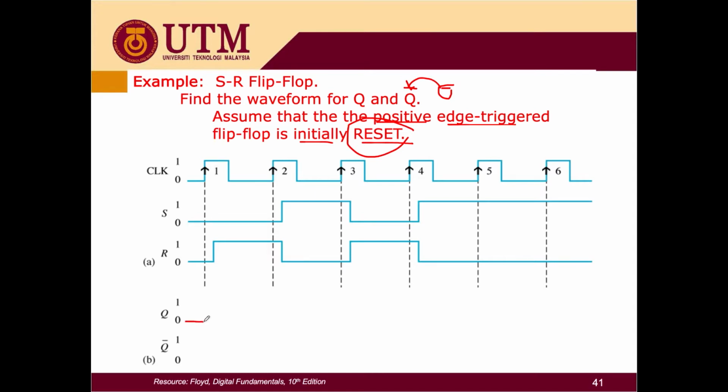So from 0, you need to check your clock. You need to draw the dotted lines like this, as I already mentioned. But your dotted lines will be at your clock. And when you look over here, it is the clock only, because this one is under flip-flop.